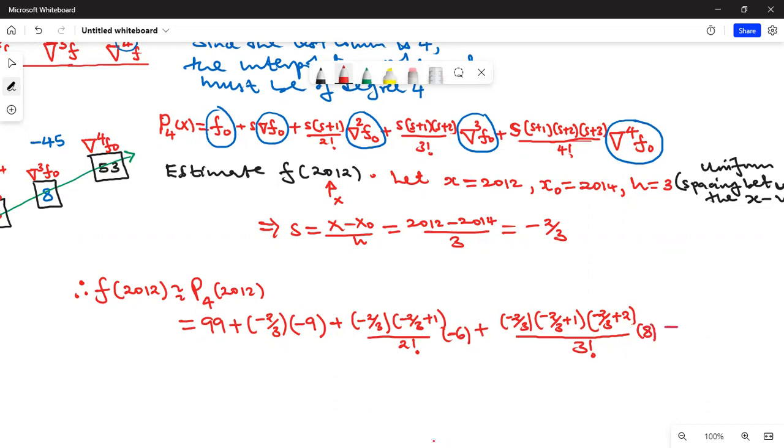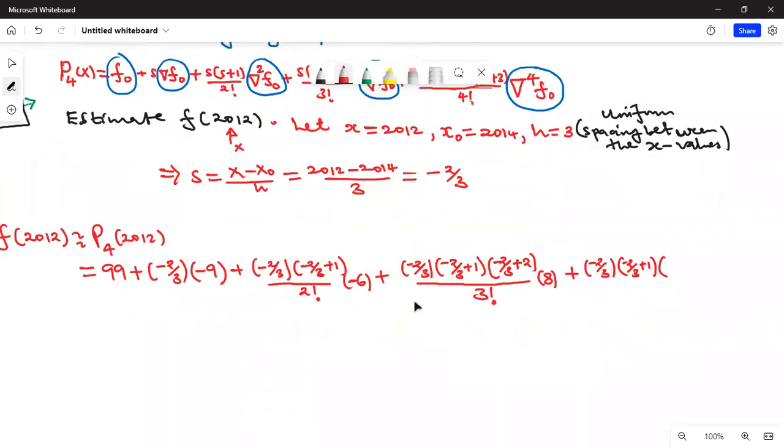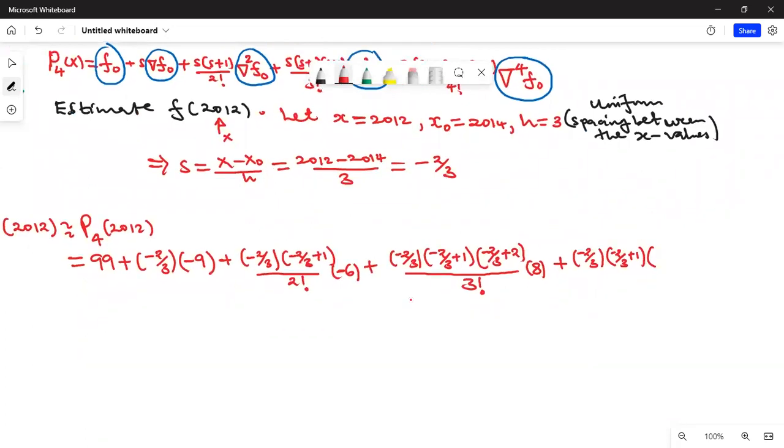And finally, the other term is negative 2 over 3, that is S, times S plus 1, so negative 2 over 3 plus 1, then S plus 2, negative 2 over 3 plus 2, S plus 3, negative 2 over 3 plus 3, over 4 factorial.